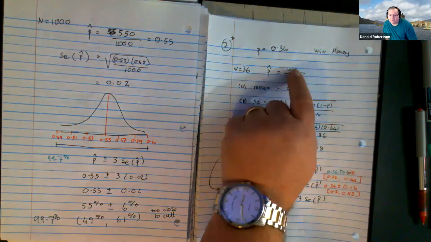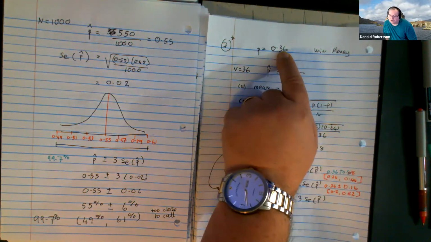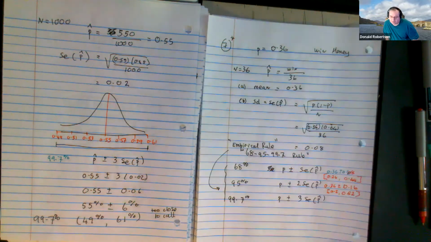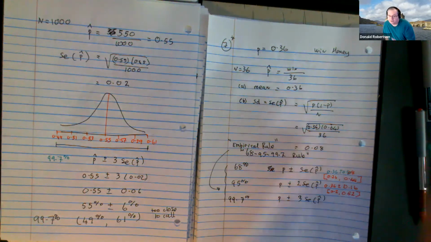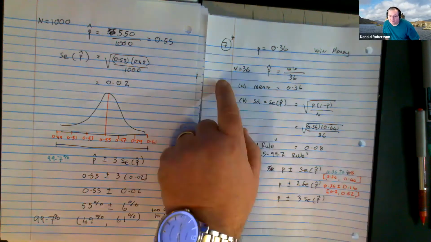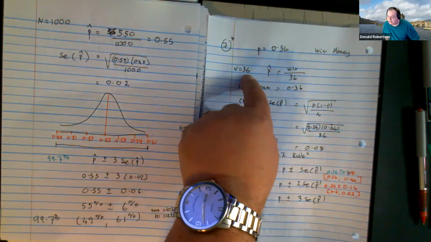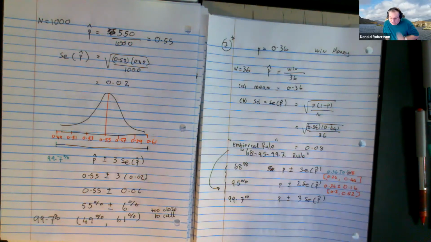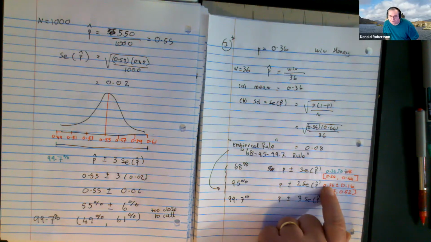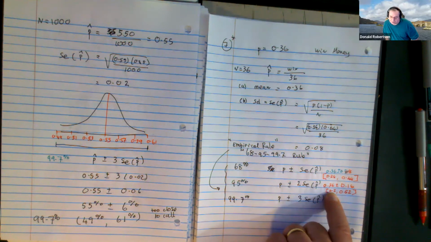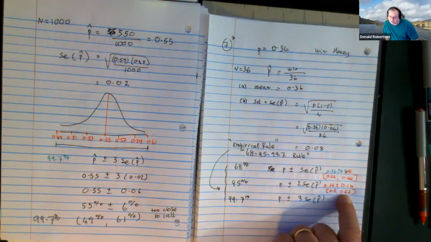So if I'm playing a game where there's a 36% chance I win something, well, sometimes you win, sometimes you don't. If you buy 36 tickets, then the percentage of those that win is somewhere between 0.2 and 0.52.